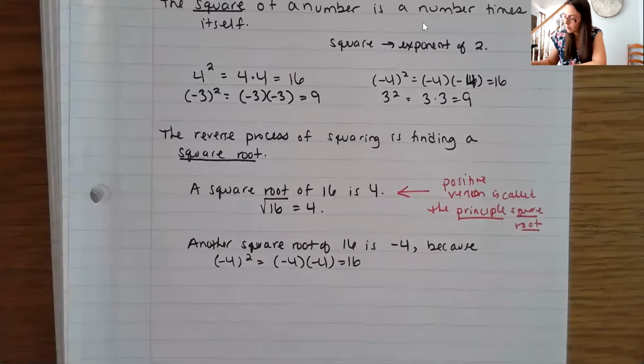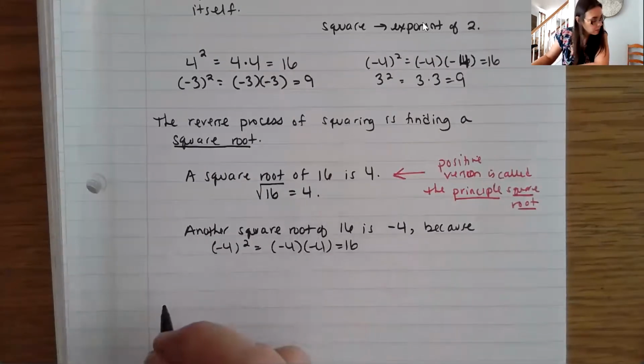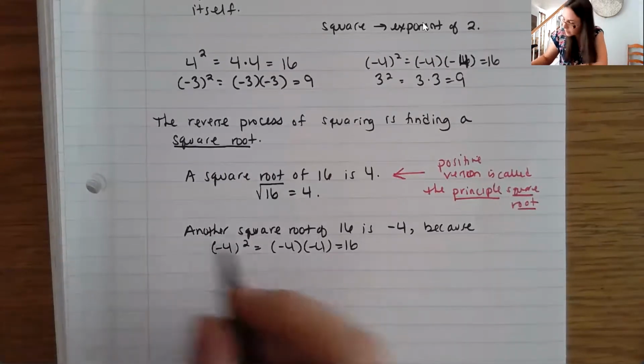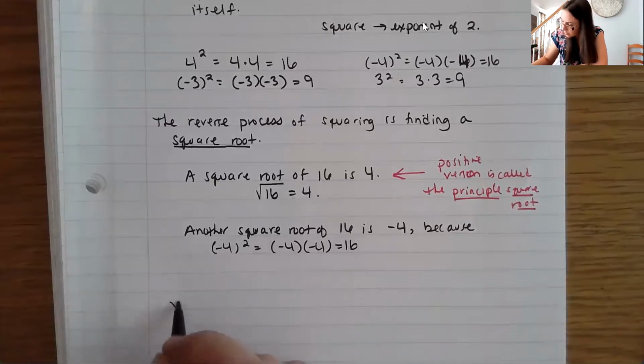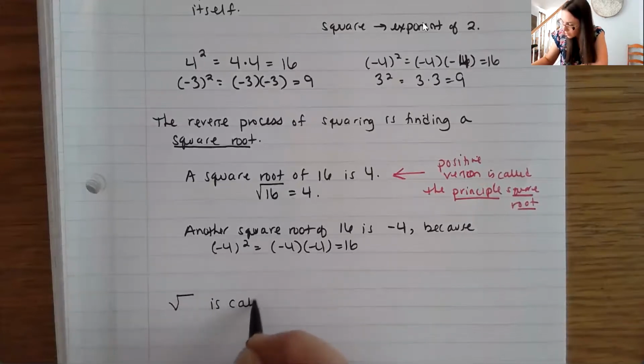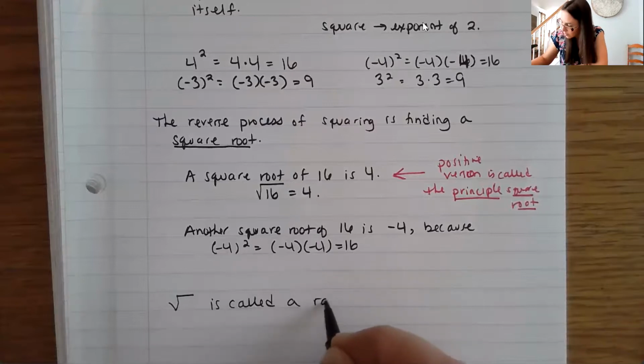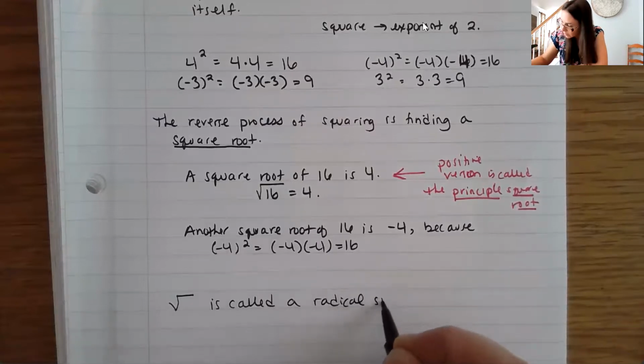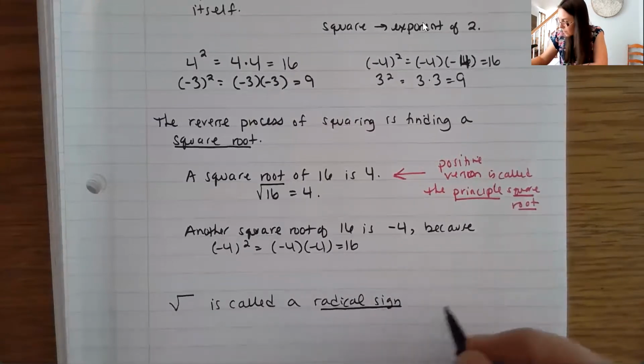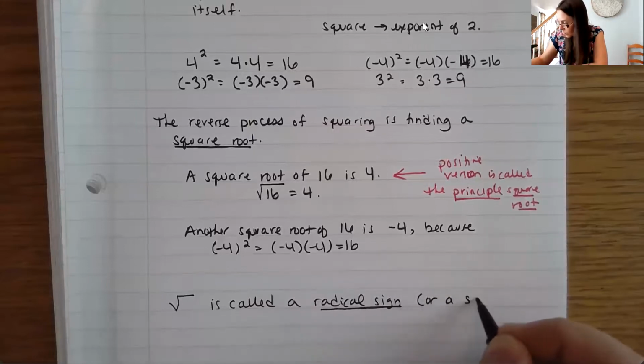So this symbol here is called a radical sign, or a square root symbol.